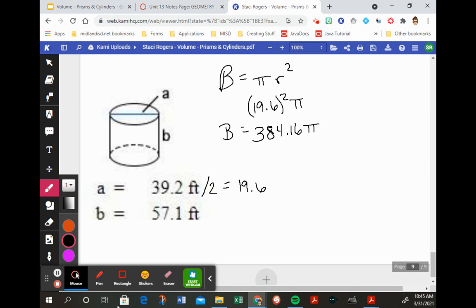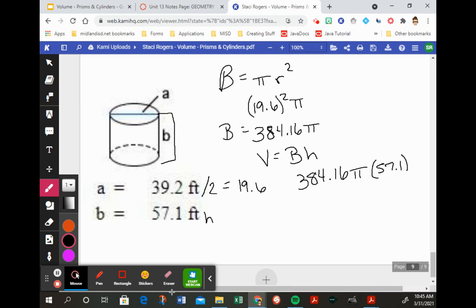To find the volume, I take and multiply my big B times my H. That would be my height right here. So I take 384.16 pi times 57.1.